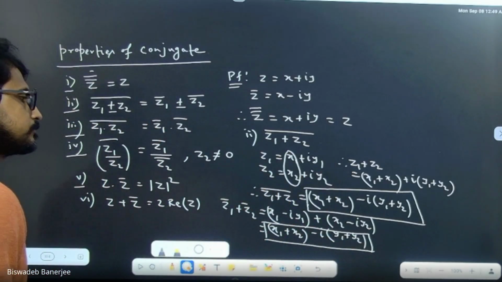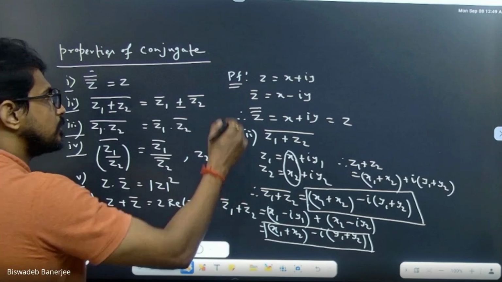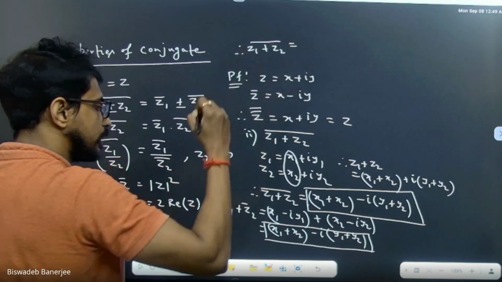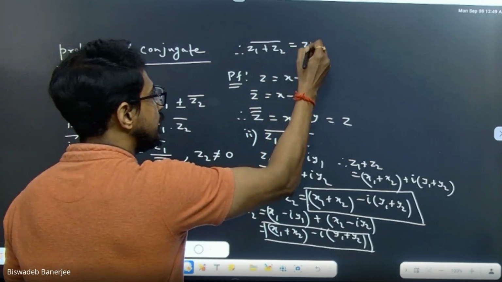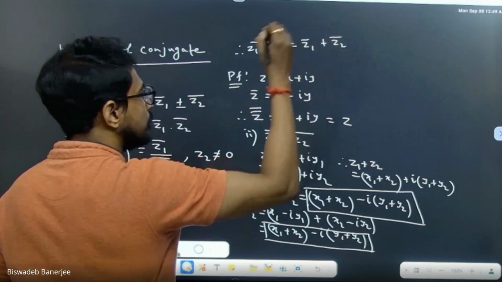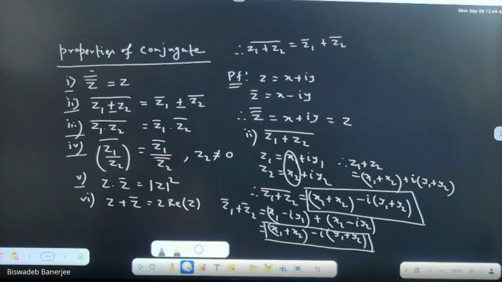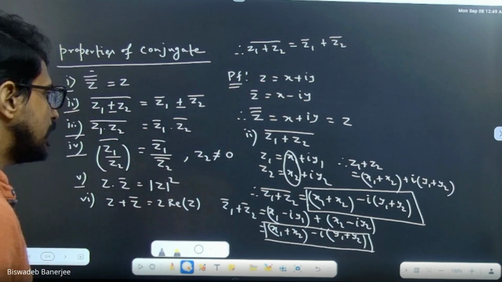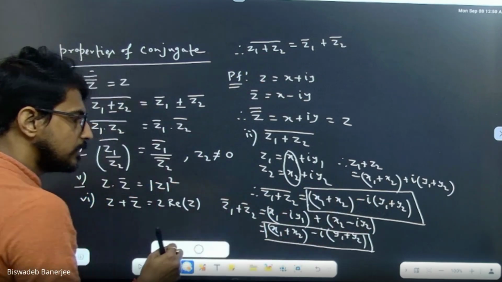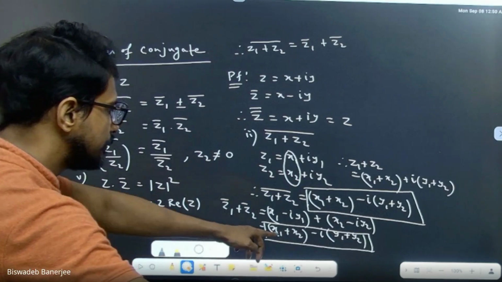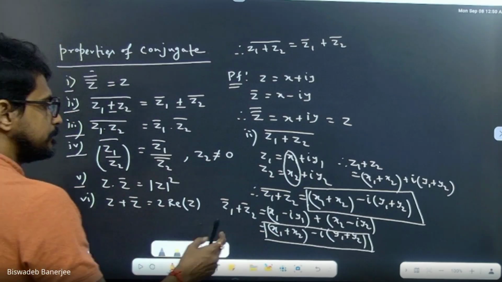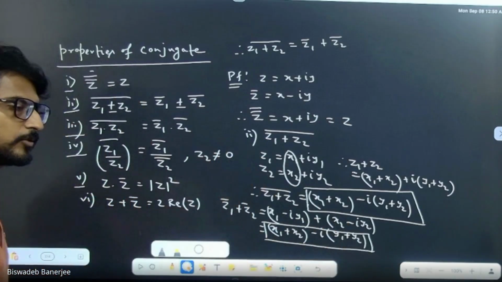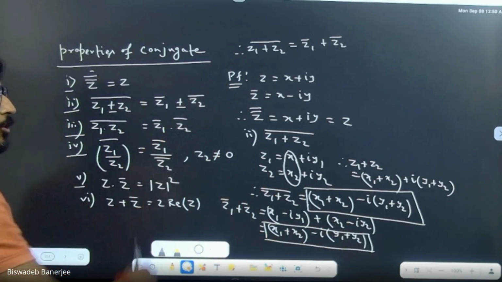So you can see that (z1 + z2) whole conjugate is equal to z1 conjugate plus z2 conjugate. That is my property. So my property is proved.